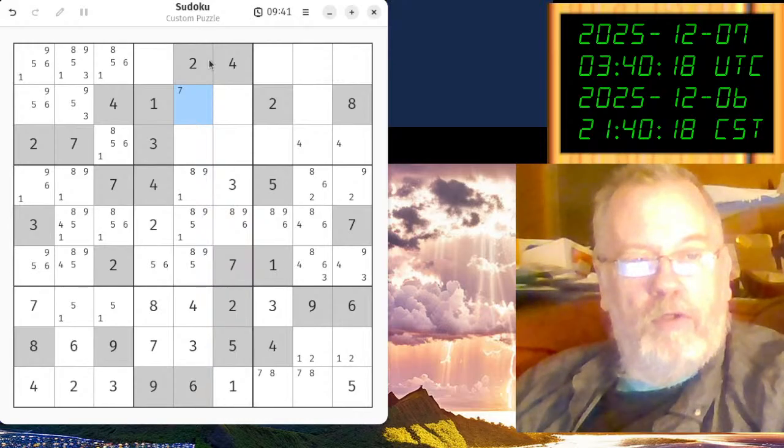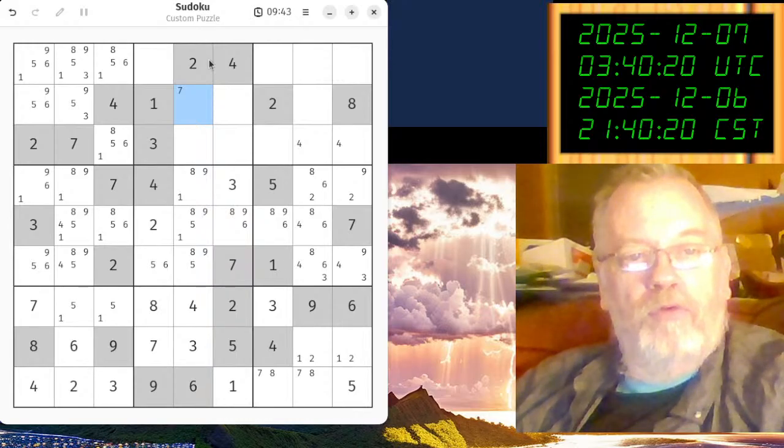All right, it looks like we are down to a single place for a 7 now, here. And we've got a 1, 2, 3, and 4 already given. These 2 can't be a 5, so 5 is going to be one of these 2.